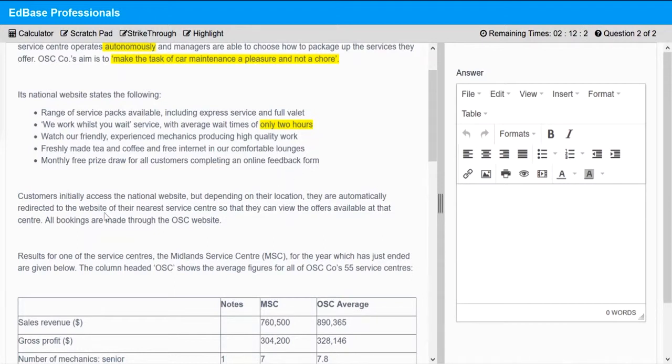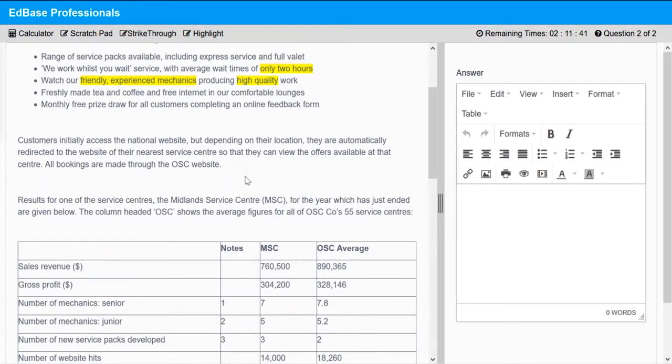But also, friendly, experienced mechanics producing high quality work. These are our staff, so our staff are friendly and experienced, and we produce high quality work. So we can also highlight this part.